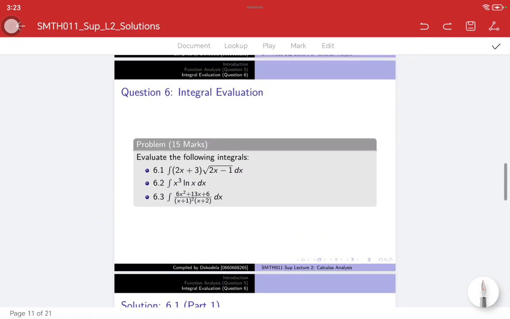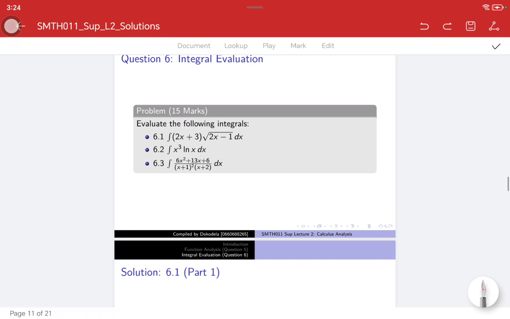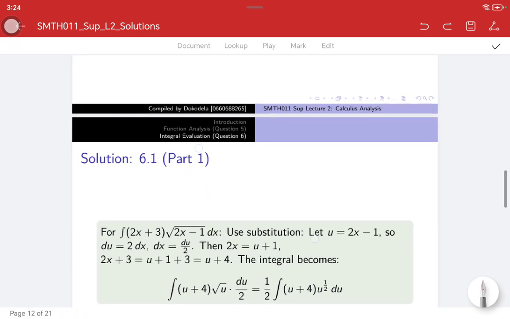So when we come to question 6, for 6.1, this is simple because we're going to use u substitution. For 6.1, we're going to let the one inside the root be u. So we say let u be equal to 2x minus 1, which is the one inside the root.